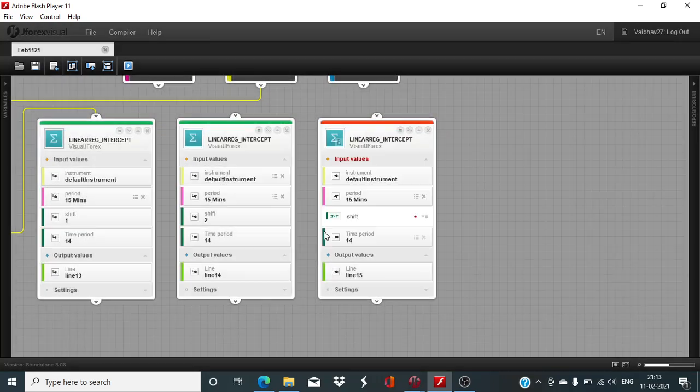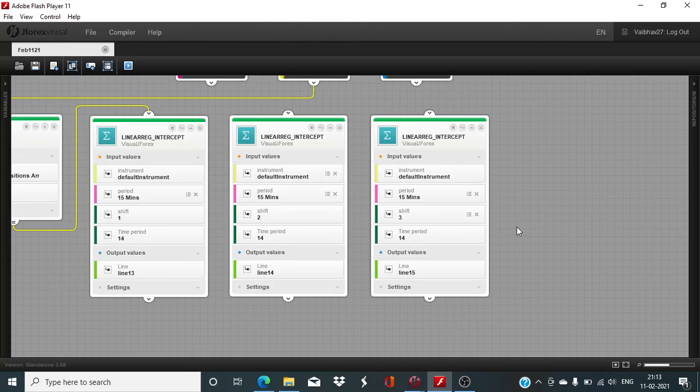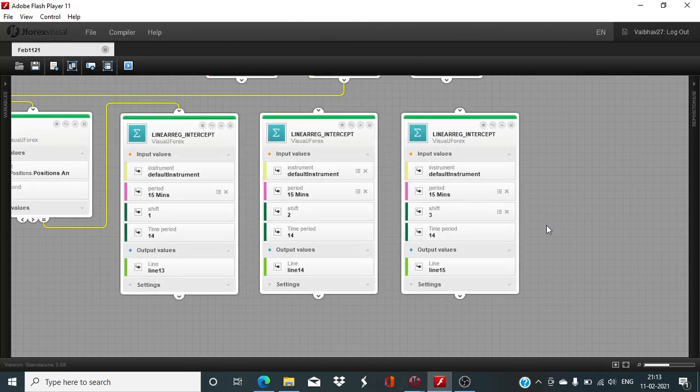And this one shift 3. We will be retrieving the linear regression intercept value for all last three 15-minute candles. Let us join this.